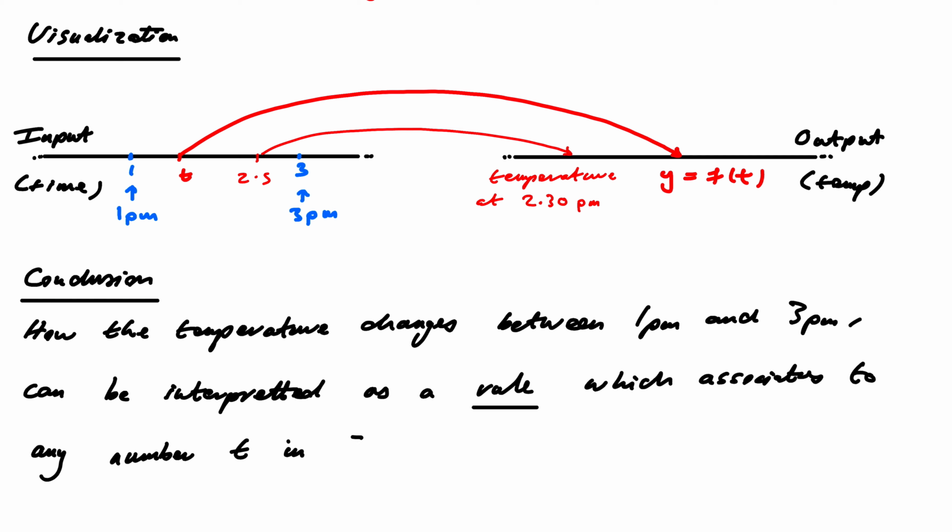I can only be between 1 and 3, can't I? Because I'm only interested in the temperature between these two times, the way I've set it up.